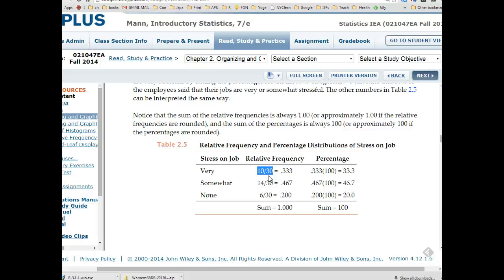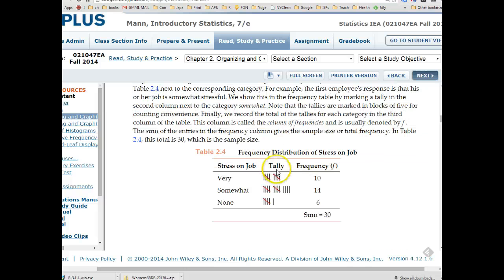You'd say 33% said very. And here, 14 out of 30, about 46 or 47% said somewhat. And here, you'd say 20% said none. So this column is called the relative frequency. Without dividing by 30, we call that the frequency. When we divide by 30, we call it the relative frequency. Why? Because it's relative to the total number.